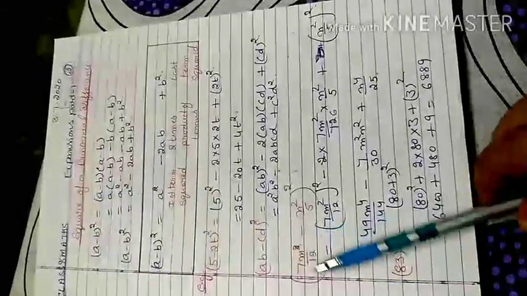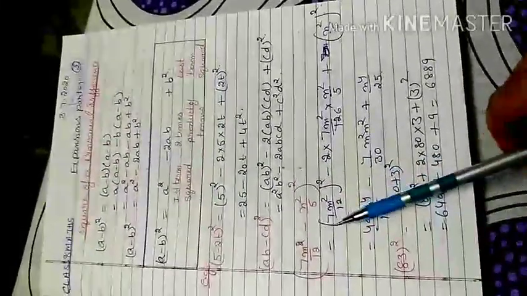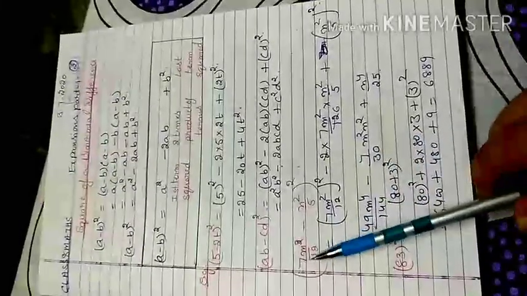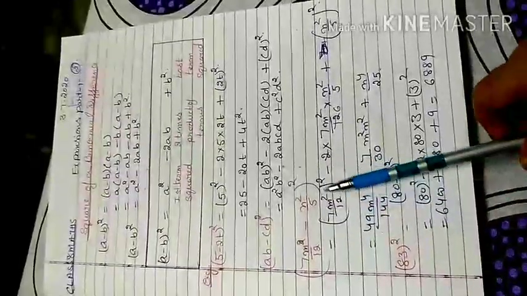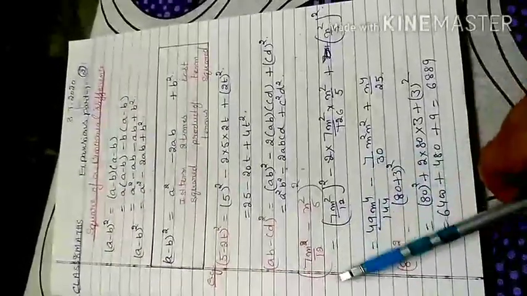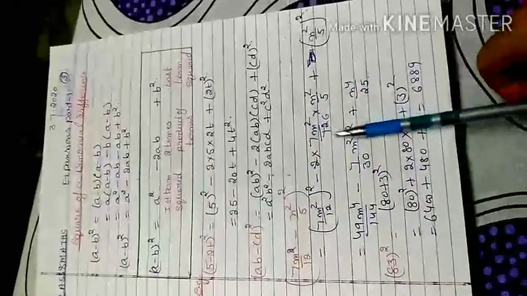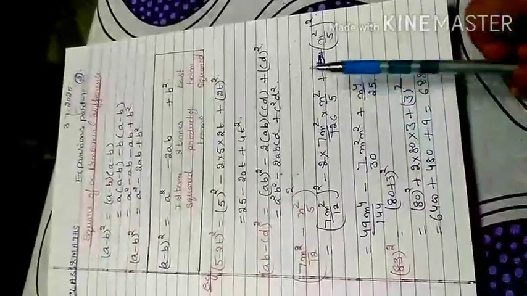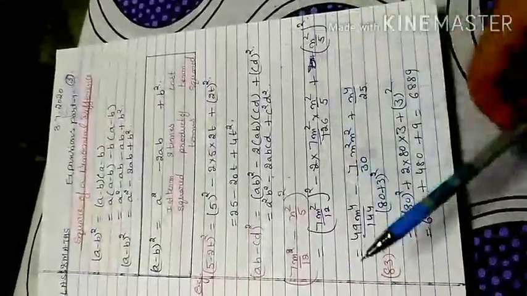If I have (7m square by 12 minus n square by 5) whole square, this is (7m square by 12) whole square minus 2 times product of the two terms, 7m square by 12 into n square by 5, plus last term square, (n square by 5) whole square.